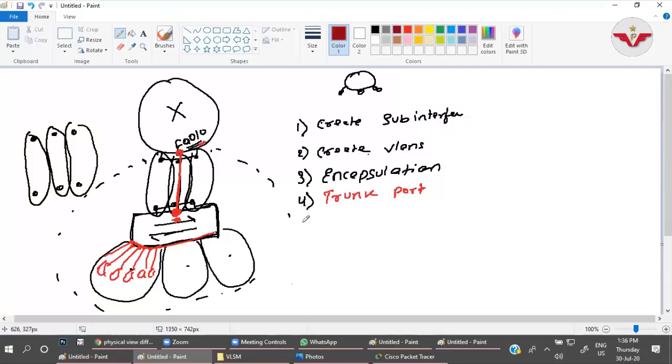Now, after doing that, the fifth part is to go to the router and provide the IP addresses to the router sub interface.